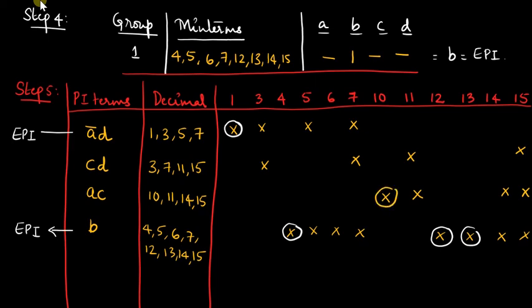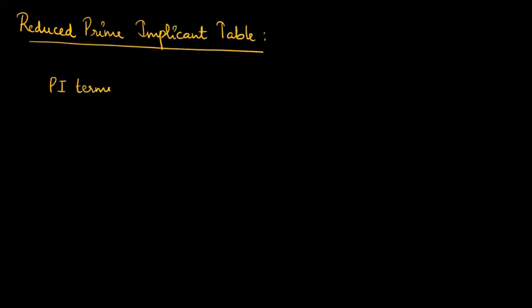The essential prime implicants are the ones which appear with only one x in that particular decimal notation. So you have three essential prime implicants here.